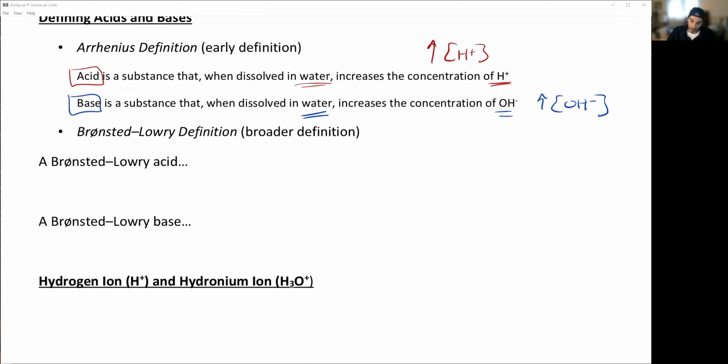So the Bronsted-Lowry acid. Instead of focusing on the production of H+ or OH- in solution, we're going to look at one simple thing, which is the H+. So we're going to view H+ as our major focus.